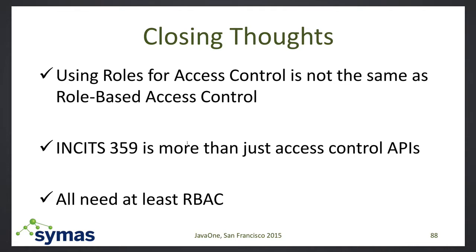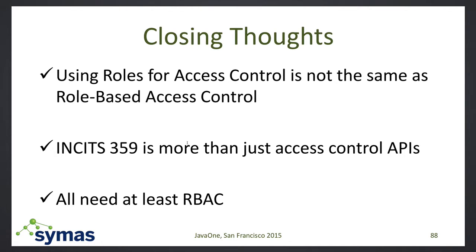It's got the model for functional, the model for object, the APIs, and other things. The true value of Insights 359 is everything collectively. You can't take just individual pieces of that model and expect to have the full value of the specification. You need the whole thing in order to get all the value.